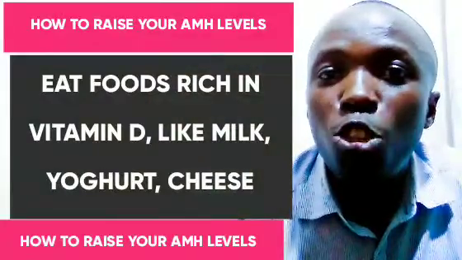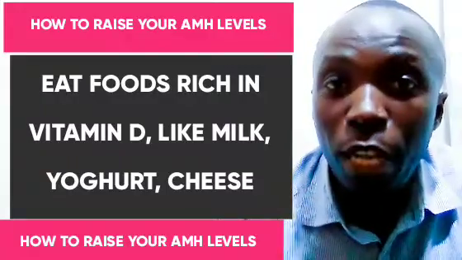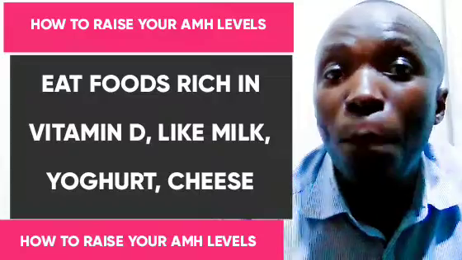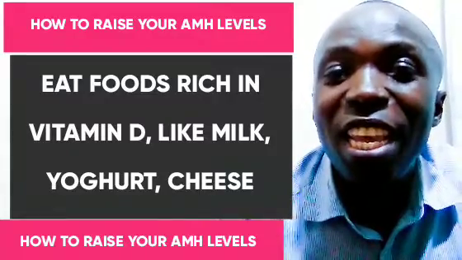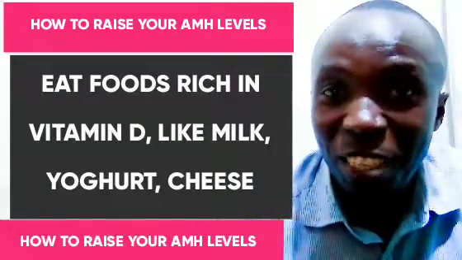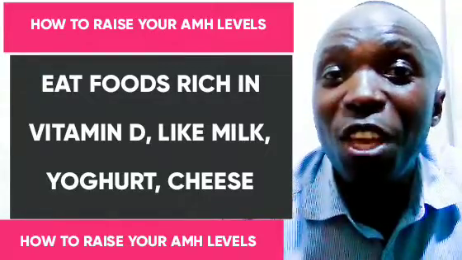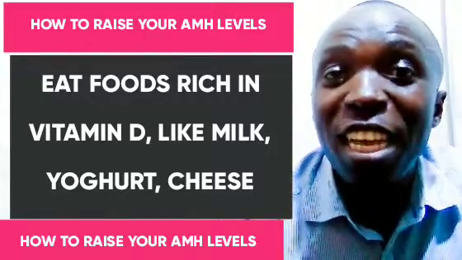If you have done the test and it is showing that your levels are very low, you are having AMH levels of 0.0 something, then it's high time you watch this video so that you can learn how you can increase your AMH levels naturally.